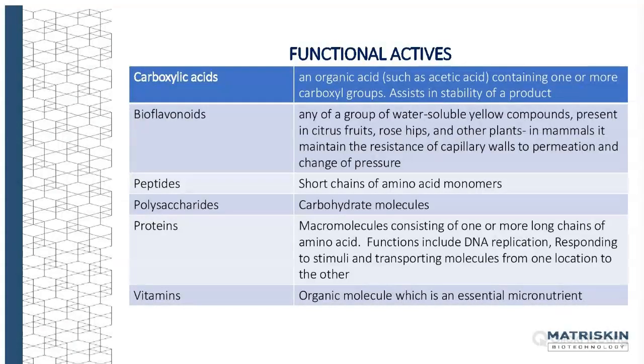Some of the functions of these proteins include the replication of DNA in the cells, responding to stimuli outside of the cell space, and transporting molecules from one location to another within the cell. Vitamins are organic molecules, an essential micronutrient that all of the cells in our body need to function.